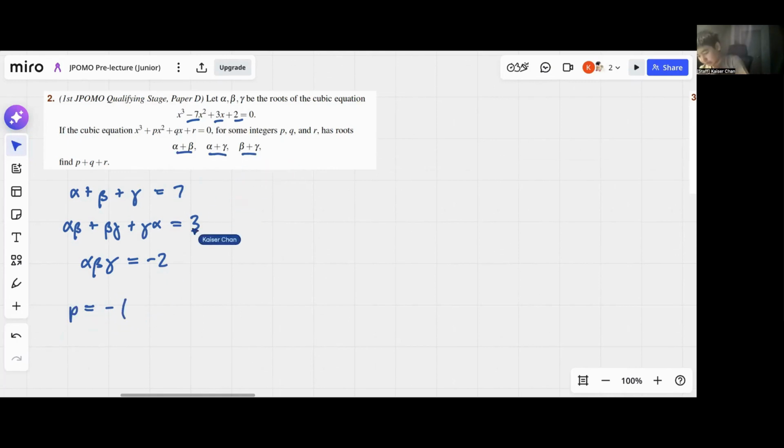So that's just alpha plus beta plus beta plus gamma plus gamma plus alpha. If you simplify this, it's already pretty straightforward. This is -2 times alpha plus beta plus gamma.